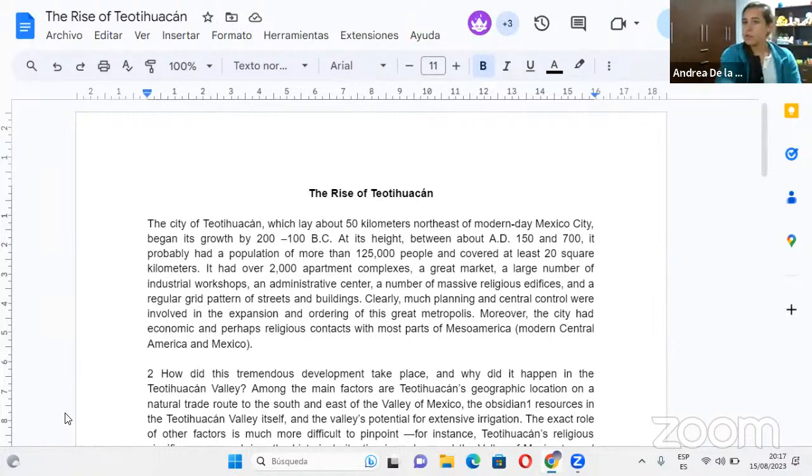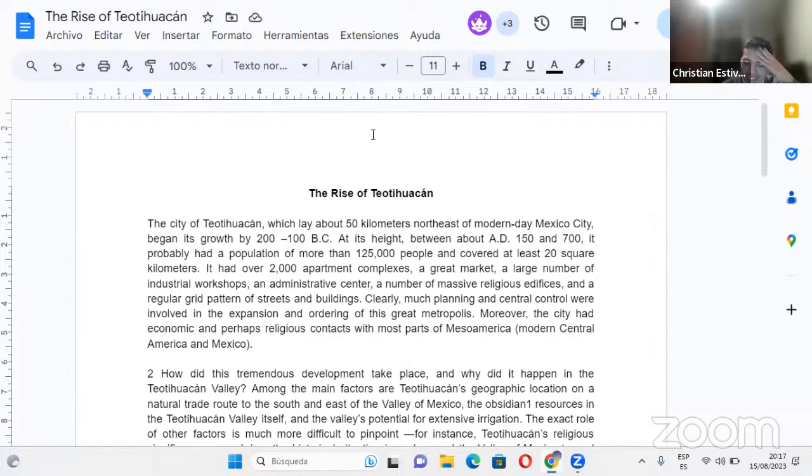Okay, guys, so can you tell me a little bit of what the text was about? Well, it was about an ancient city near Mexico City. Exactly. And what do they say about this city?